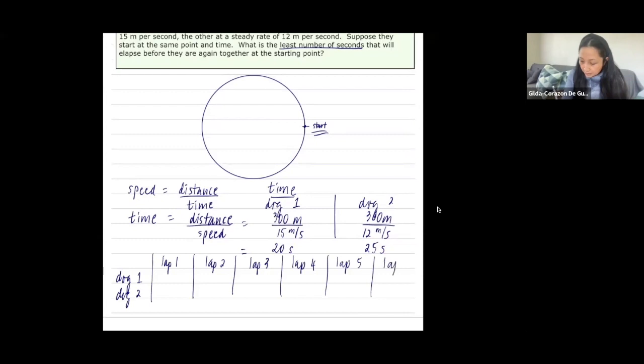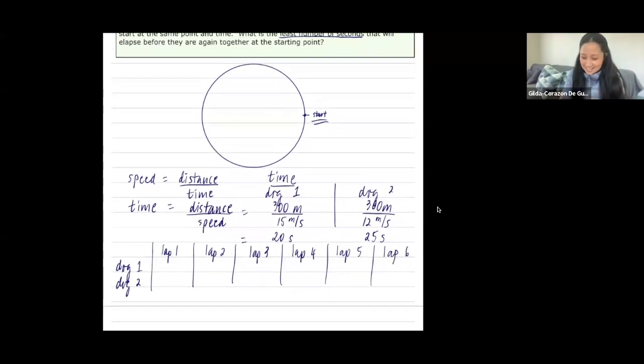Maybe because we only have this much space, we can stop with lap six. With the first lap, the dog takes 20 seconds. Lap two, 20 plus 20, you get 40. 40 plus 20, you get 60, or you can skip count by 20 and you have 80, 100, and 120.